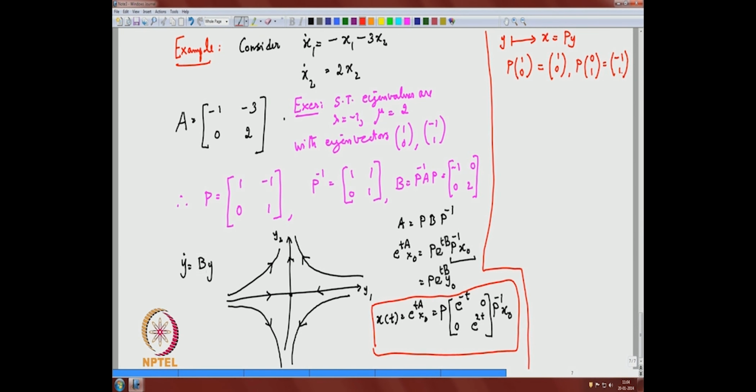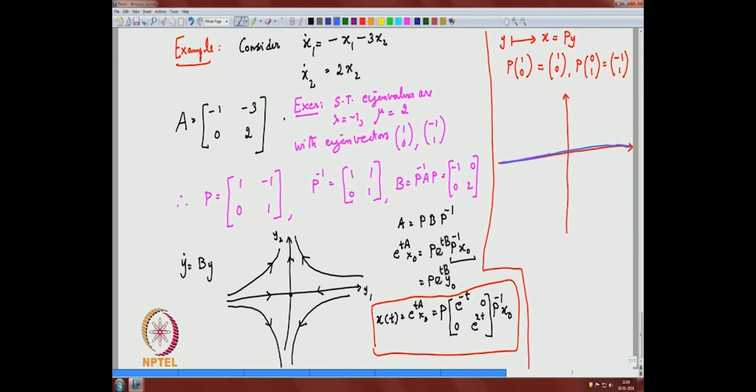So, if I now try to sketch in the x1 x2 plane, the y1 axis goes to your x1 axis. So, I will plot here. Let me choose a proper color. It will go to the same color, but then the y2 axis, P of (0, 1), goes to (minus 1, 1).